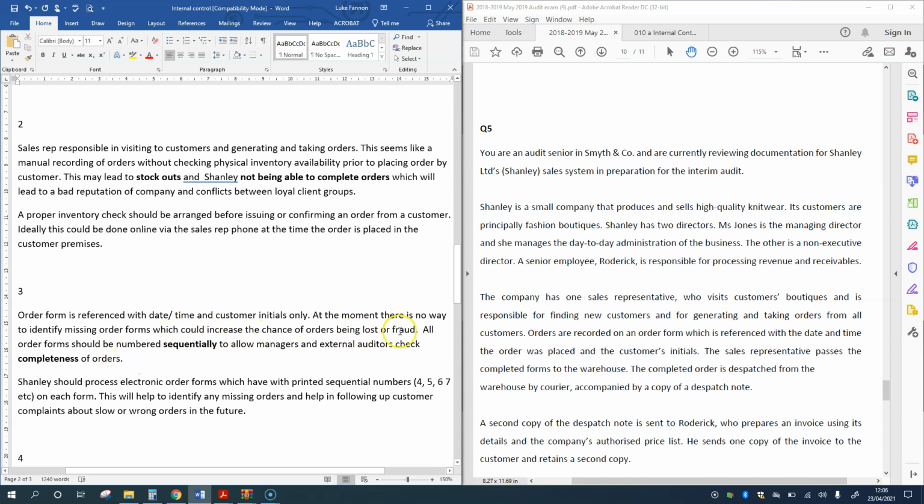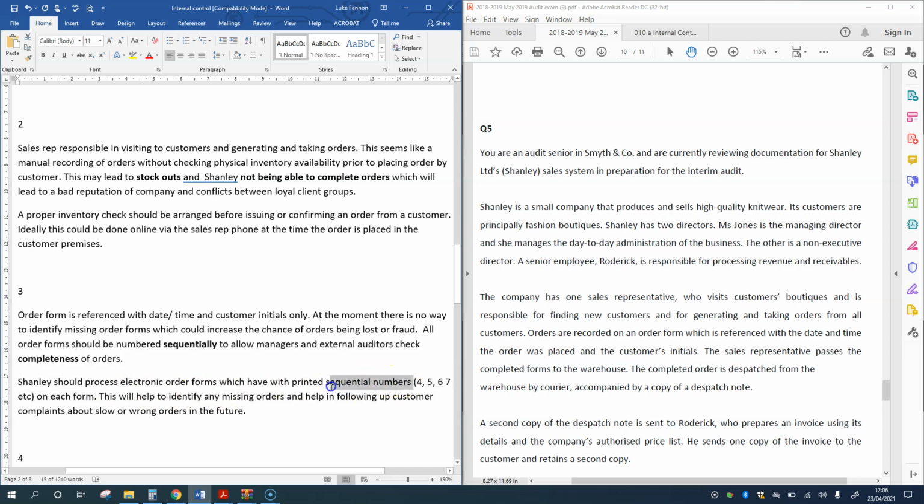And to explain why it's a problem: at the moment, there's no way to identify missing order forms, which could increase the chances of orders being lost or fraud. And the fraud will be probably by the sales rep. So here's the recommendation, and I suppose my last point there is pretty much a recommendation, but sometimes you'll have a bit of crossover.